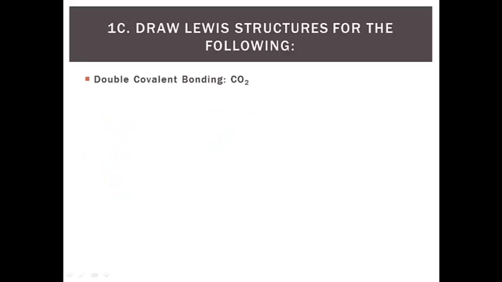Next question is double covalent bonding. So, of course, the double bond is going to be a total of 4 electrons. I've got a couple choices here. I've got carbon. Carbon has 4 valence electrons. And oxygen. There's 2 of those.